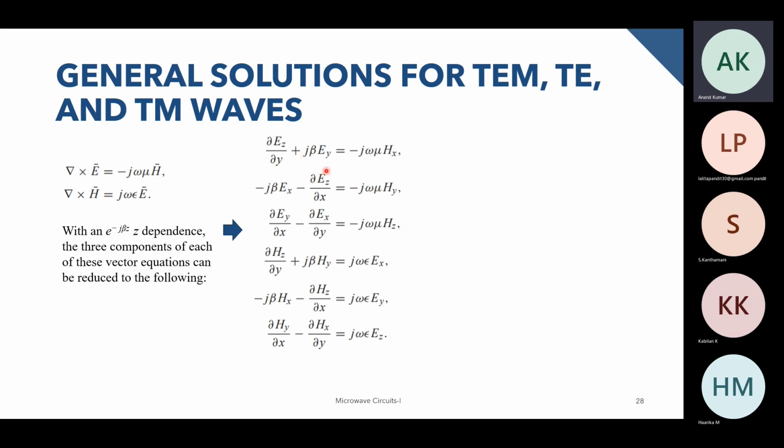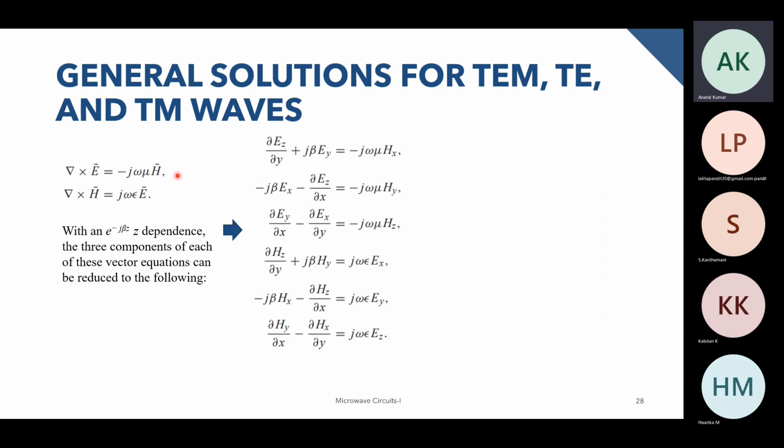You can try practicing this by yourself. All you need to do is write the electric field in its vector form Ex, Ey, Ez, perform the curl operation on the left hand side, and write the magnetic field again with Hx, Hy, and Hz terms.